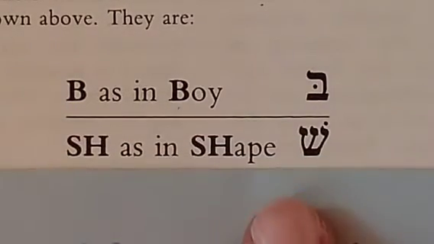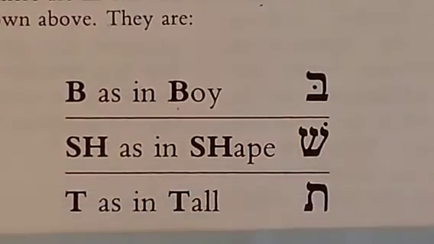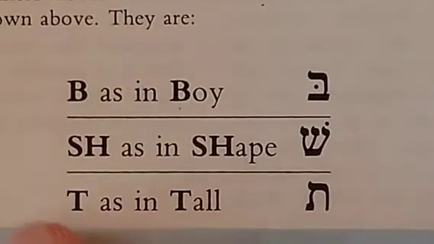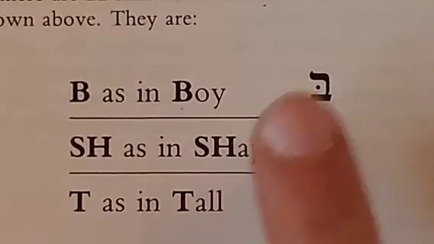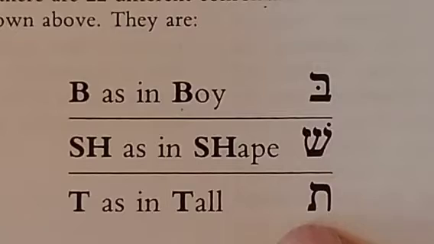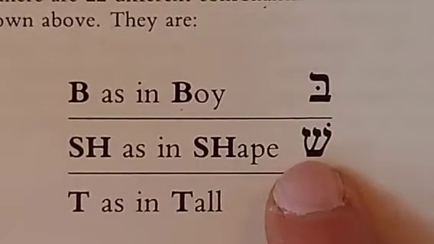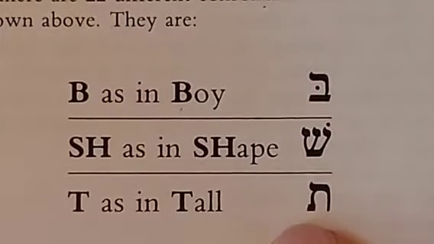And then we've got the shin, which makes the sh sound as in shape, and the tav, which makes the t sound as in tall. So let's practice that. B, sh, t. B, sh, t.